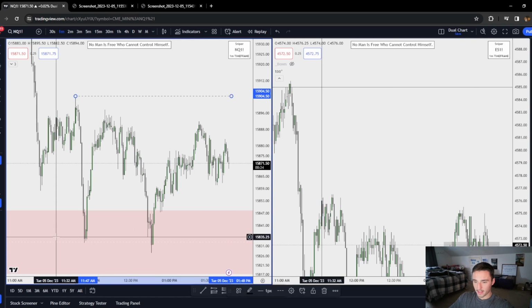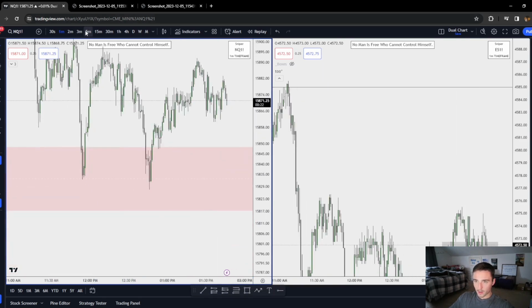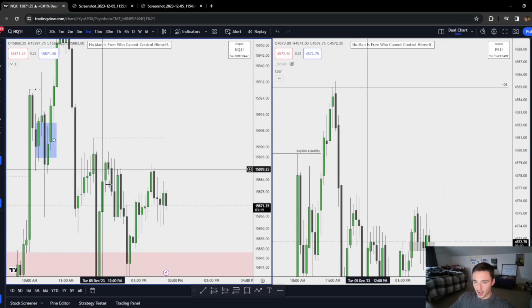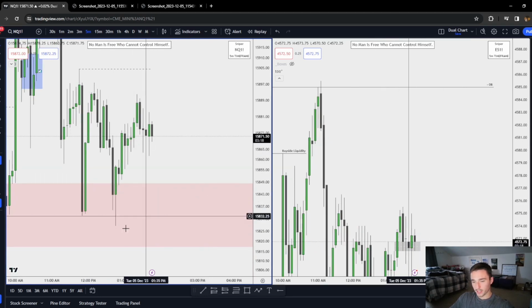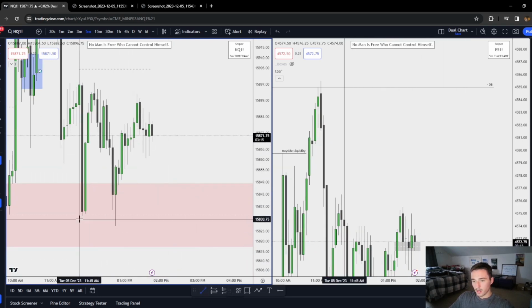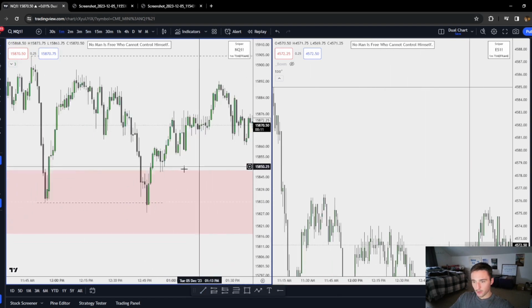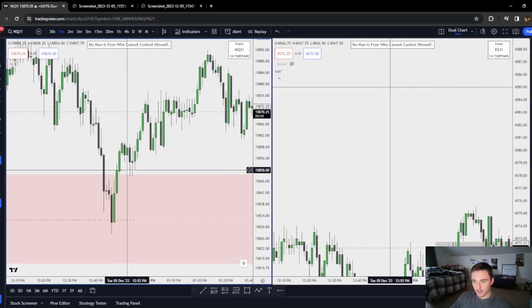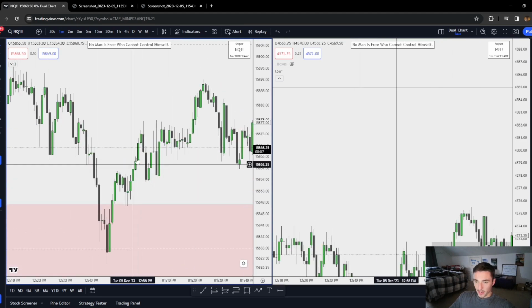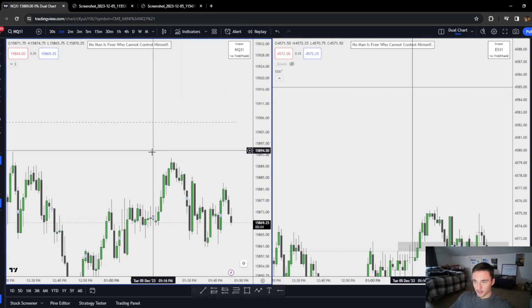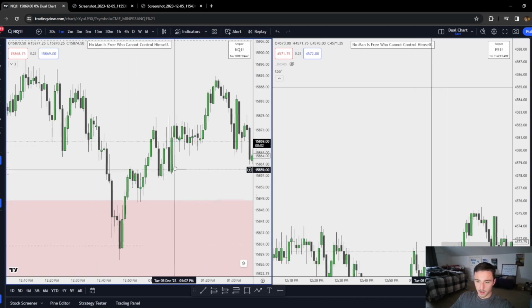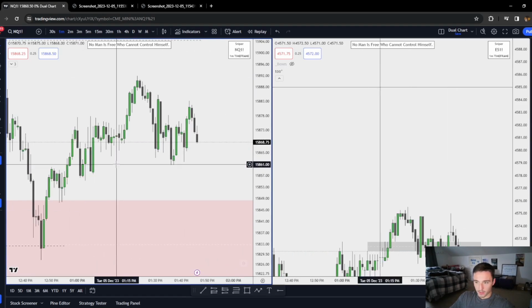We've just been in this range, and that's kind of whenever you wait for either the high of the range or the low of the range to get taken. So we did take the low of the range right here, and the only longs I see are right here and right here, but we still haven't got to that level yet. So those are the only valid longs I would see.